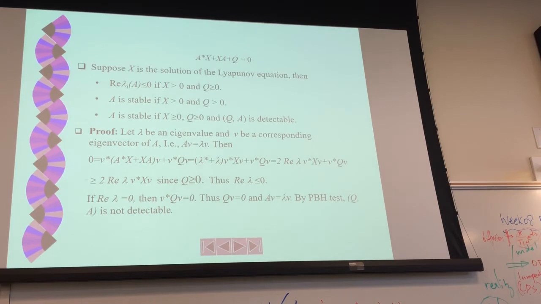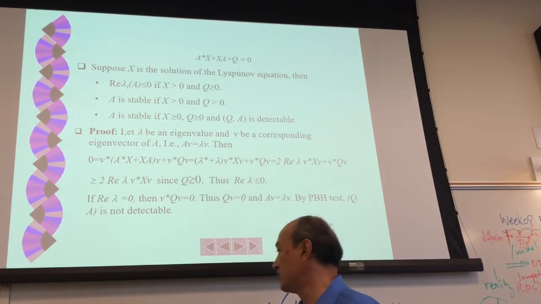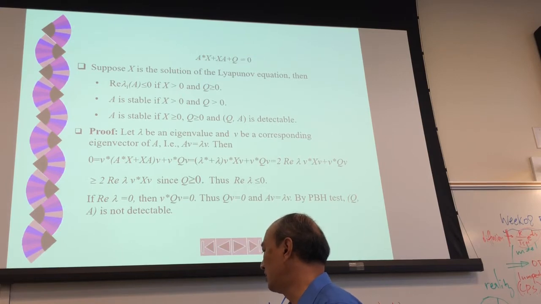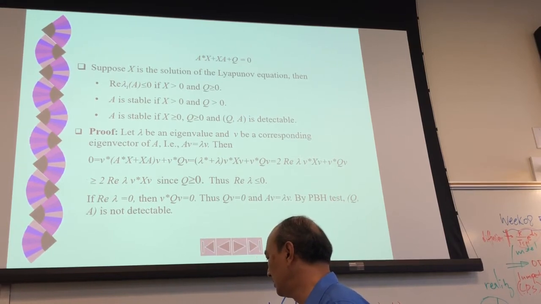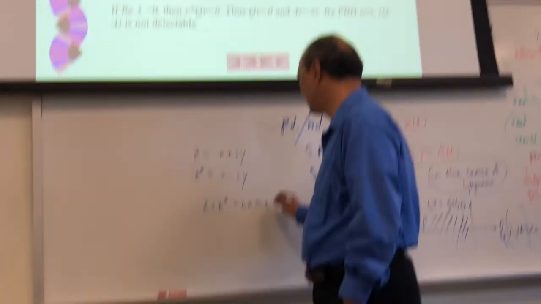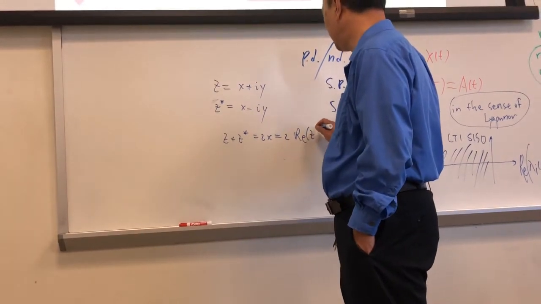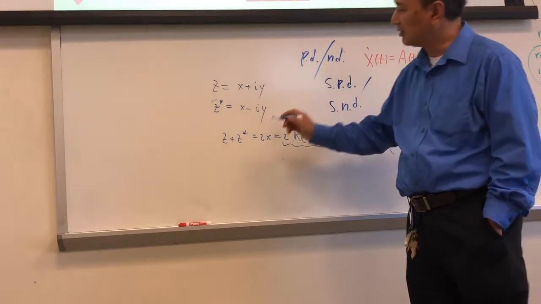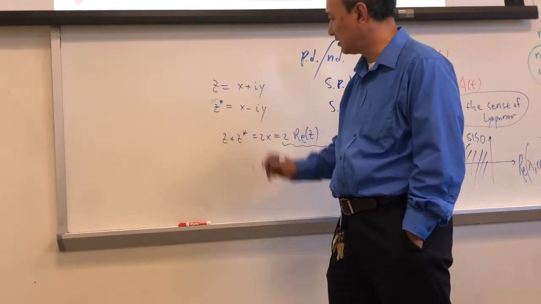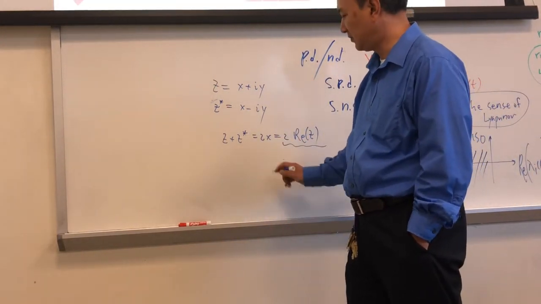This one I really remind you: z is x plus iy, and z star, the star here, is x minus iy. So z plus z star is 2x, and x is the real part of z. Why do we have this star here? Star is the complex conjugate.